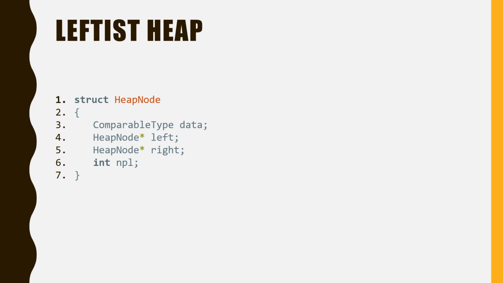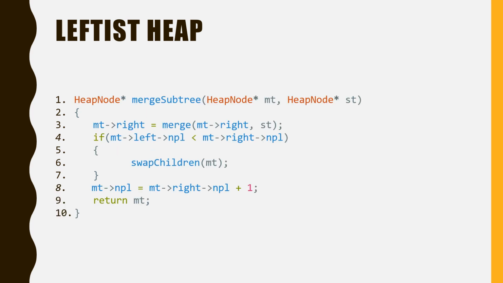Each node in a leftist heap stores 4 key pieces of information: the data element, a pointer to the left child, a pointer to the right child, and the MPL of the node. Here is the implementation of the merge procedure.